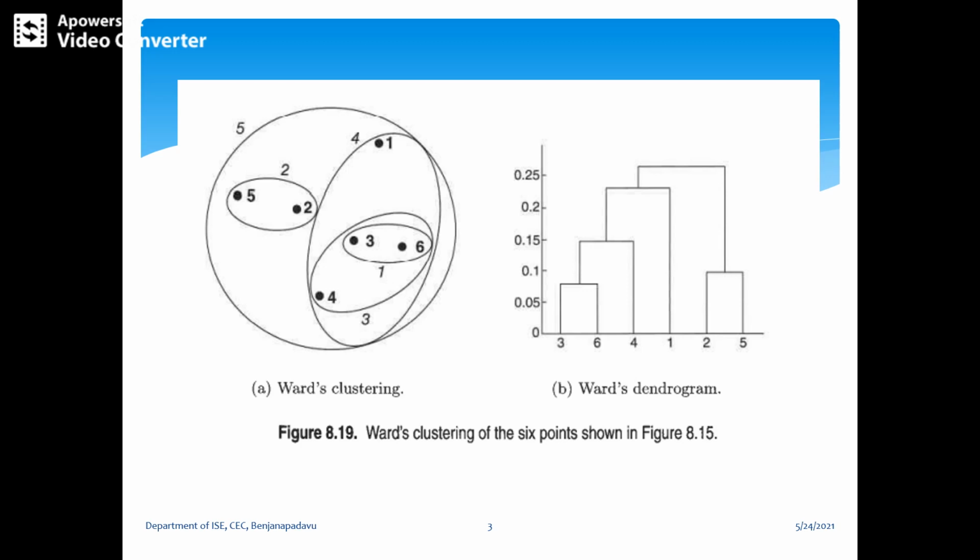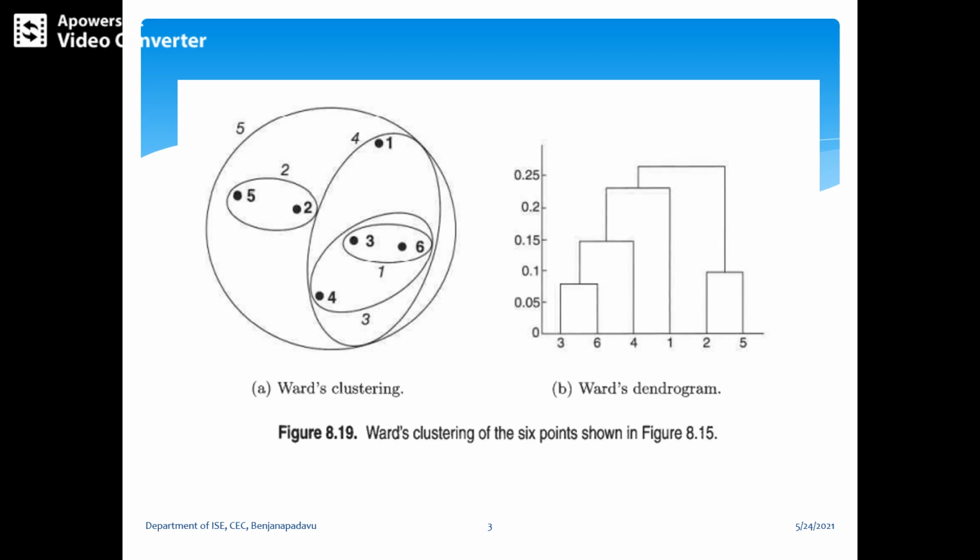Instead, it uses various criteria to decide locally at each step which clusters should be merged. This approach yields clustering algorithms that avoid the difficulty of attempting to solve a hard combinatorial optimization problem.